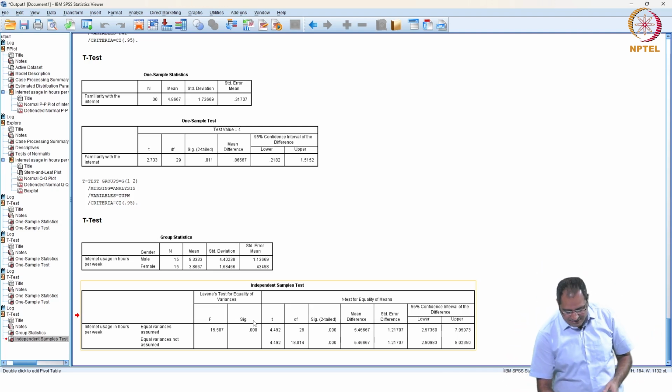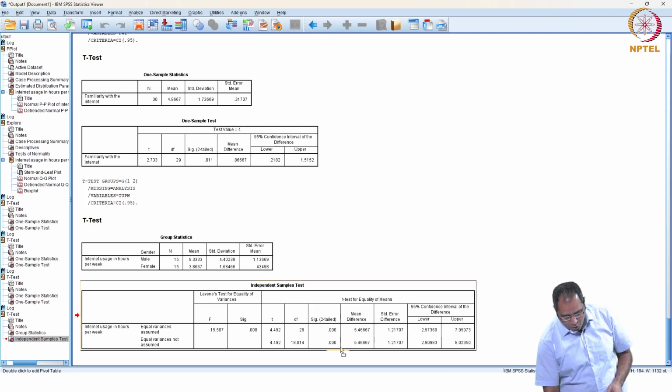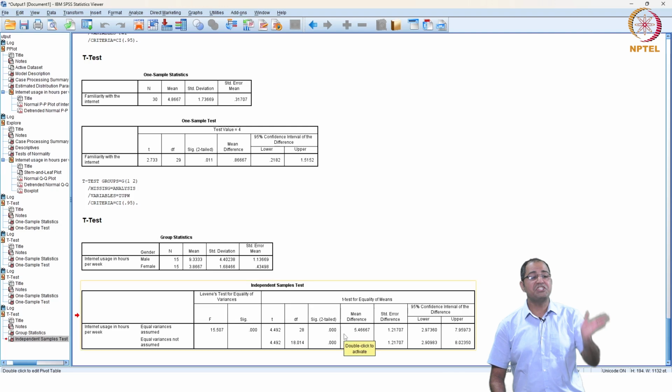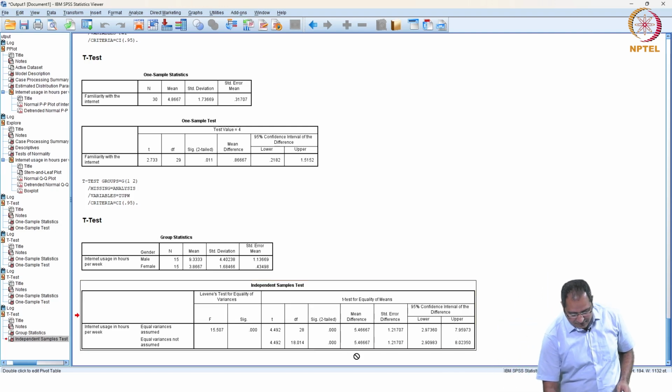When it is not the same, then you will have to go to the next test and look at the lower row value, and if the assumption is met, then you will have to look at the upper row value. So here the independent sample t-test is happening.